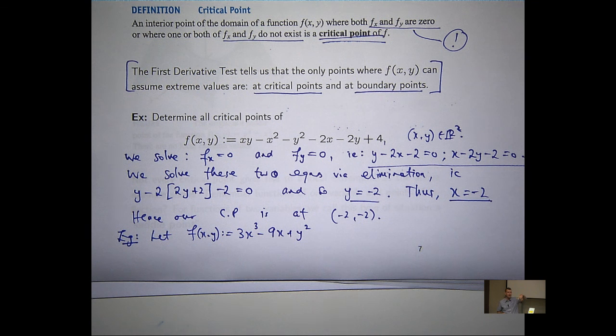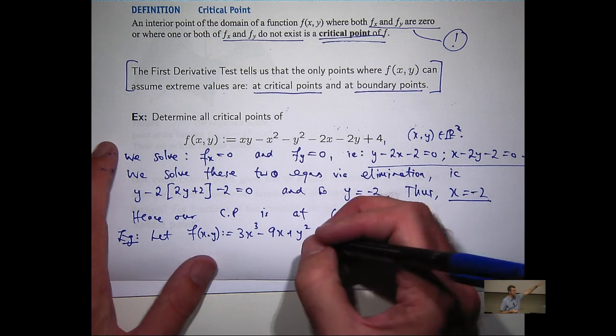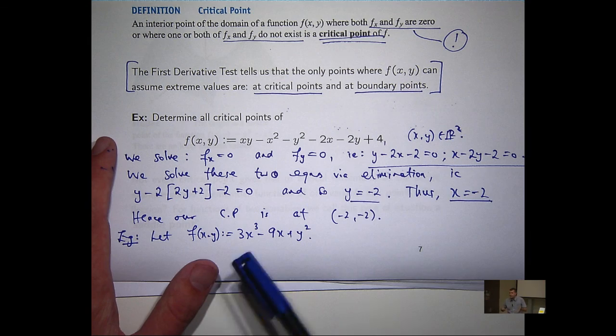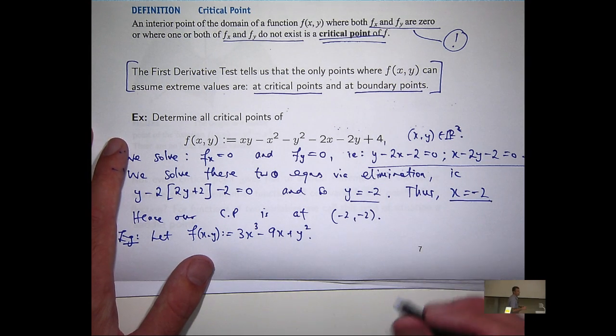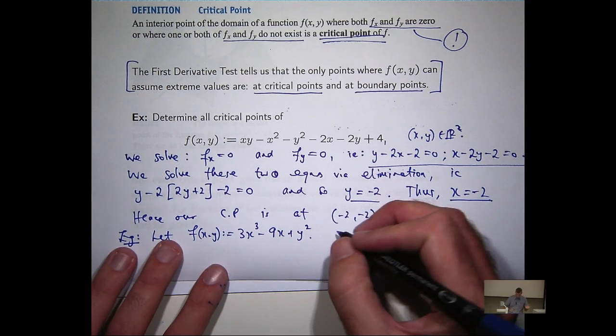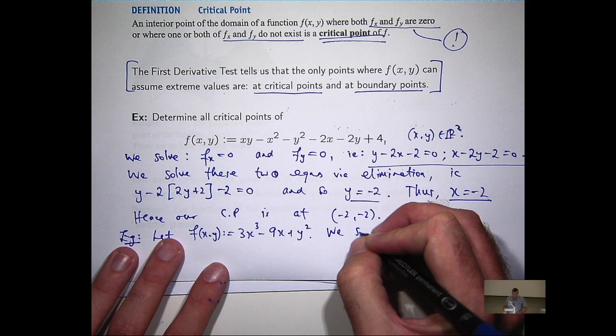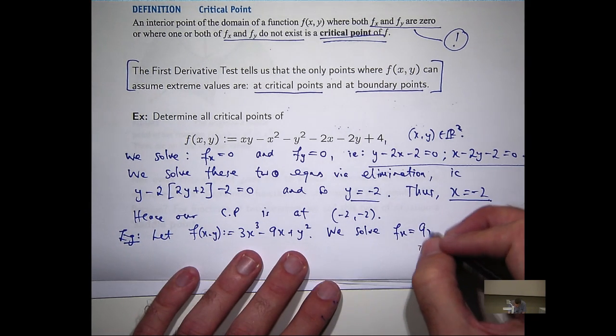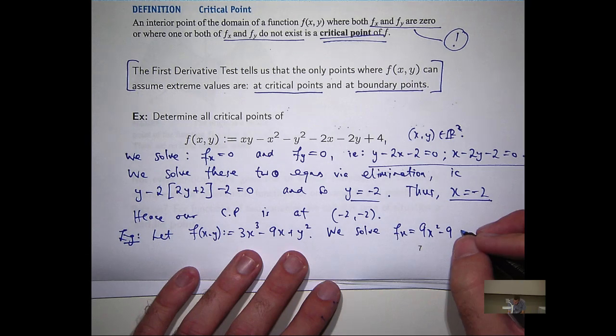Okay, now note we've got 3x cubed in this. To find the critical points, we just, again, differentiate, set the partials equal to 0. Okay, so we're going to get 9x squared minus 9, set it equal to 0.